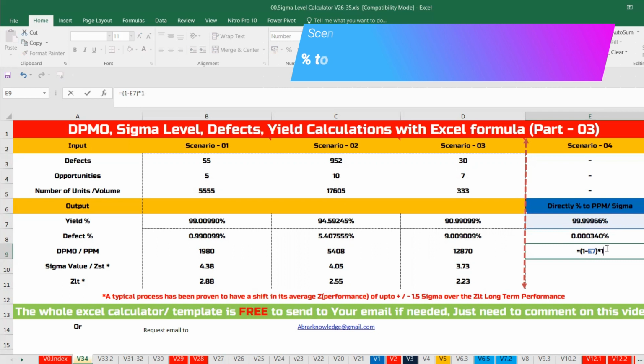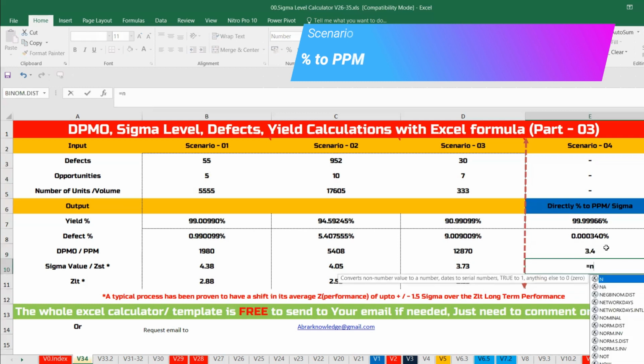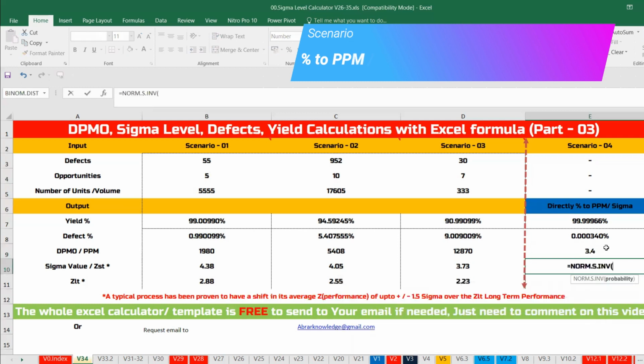So that means we have to add 6 zeros, 1, 2, 3, 4, 5, 6. So 3.4, we also know that it is a Six Sigma. Let's prove it. 1 minus DPMO value 1 to the power of 6. Instead of keeping 6 zeros, I'm keeping e to the power of 6 plus 1.5, like 6.